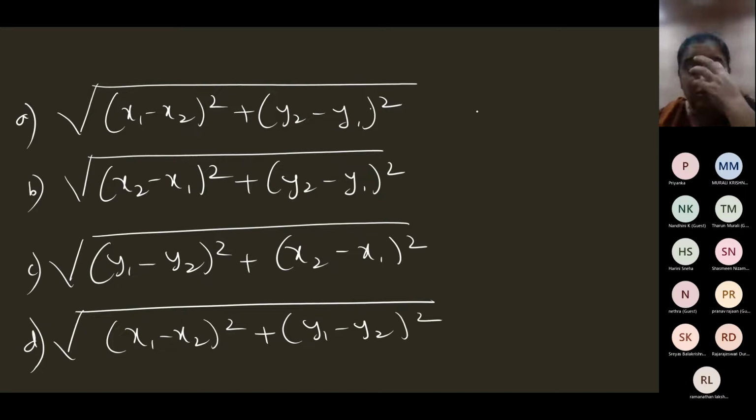D: all of them can be correct, two of them can be correct, none of them may be right. So the answer can be anything.